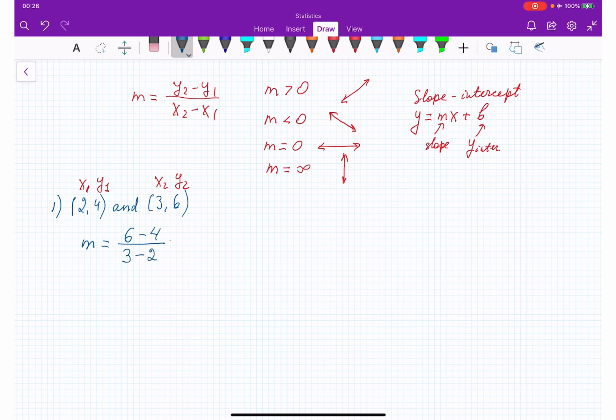Okay. This is going to be equal to 2 over 1, which is going to be 2. And our slope is 2, right? Since M is greater than 0, which is positive 2, then our graph is rising, right?